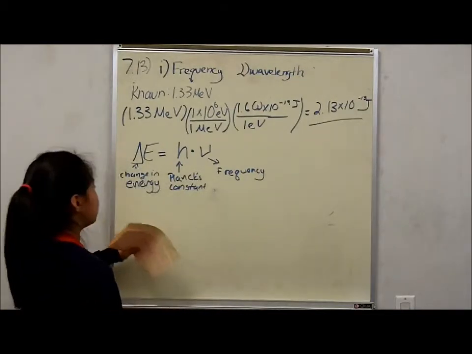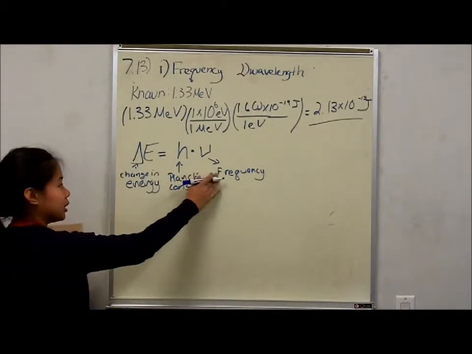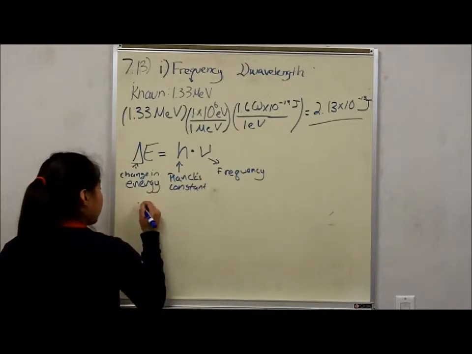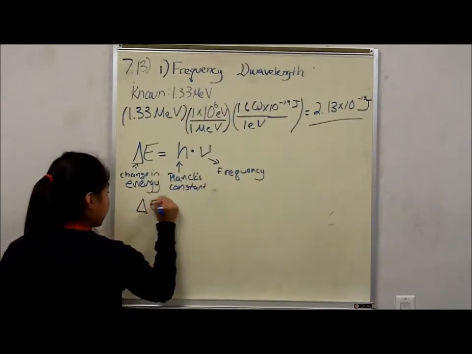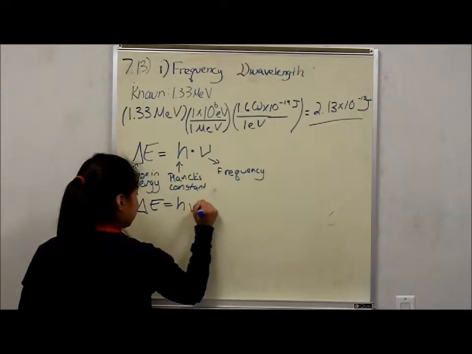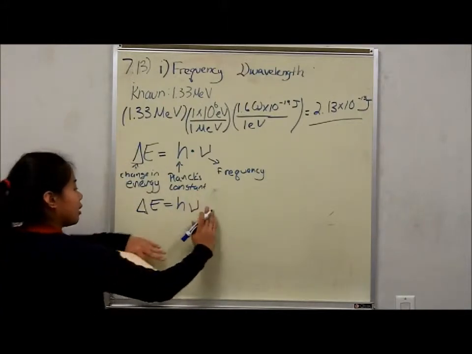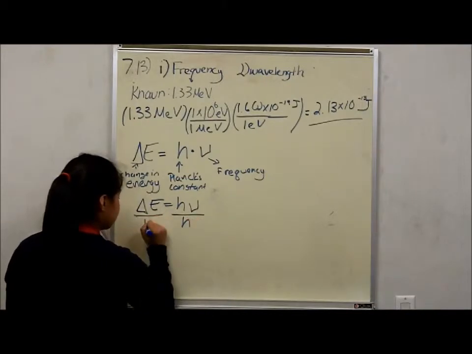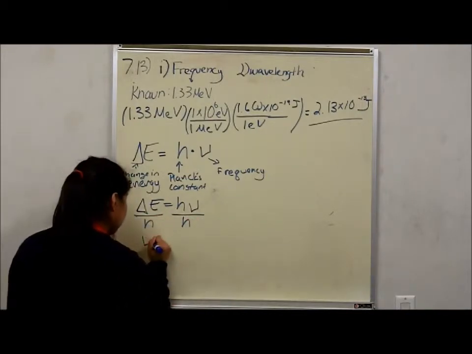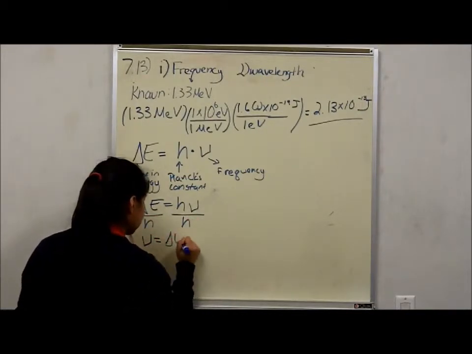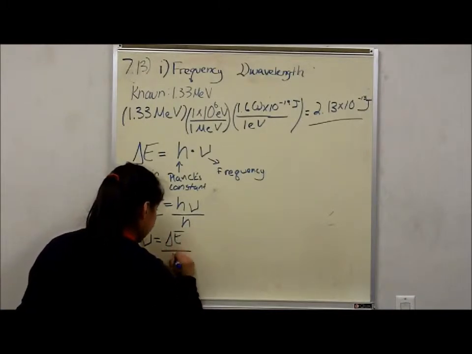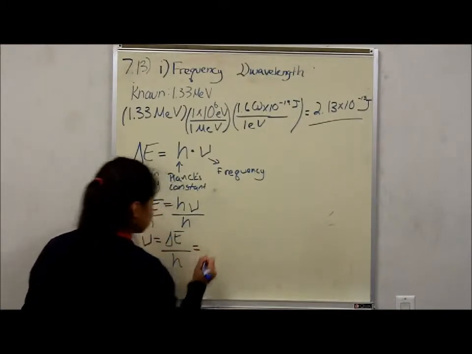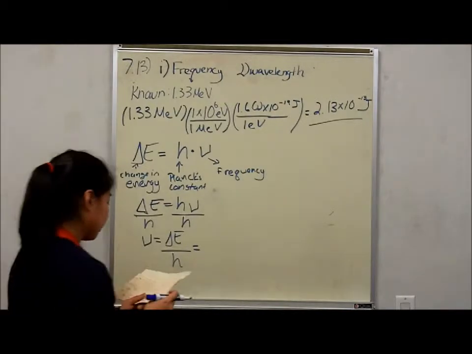So you want to isolate your frequency here. Write out the equation again. To isolate your nu, you divide each side by Planck's constant. So you get nu equals delta E divided by h. Now from here, it's just a regular plug and chug.